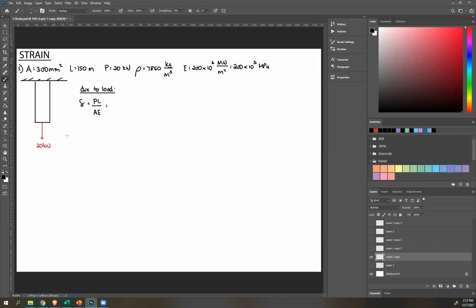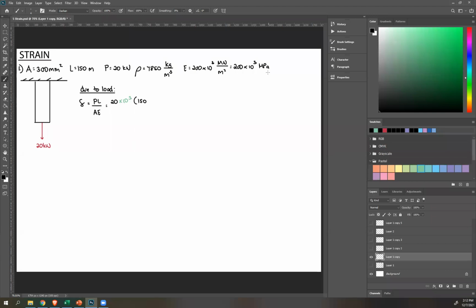P given 20 kilonewton. Now remember, we want to follow the unit of your E. This is E, that's Newton millimeter. So I gotta convert this to Newton. So I'm gonna multiply it by 1000 or times 10 raised to 3 to convert kilonewton to Newton. And then L, length 150 meters.